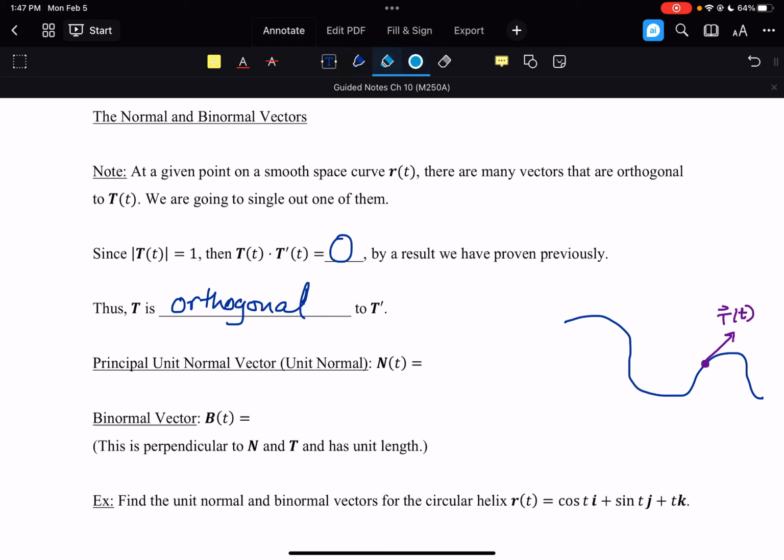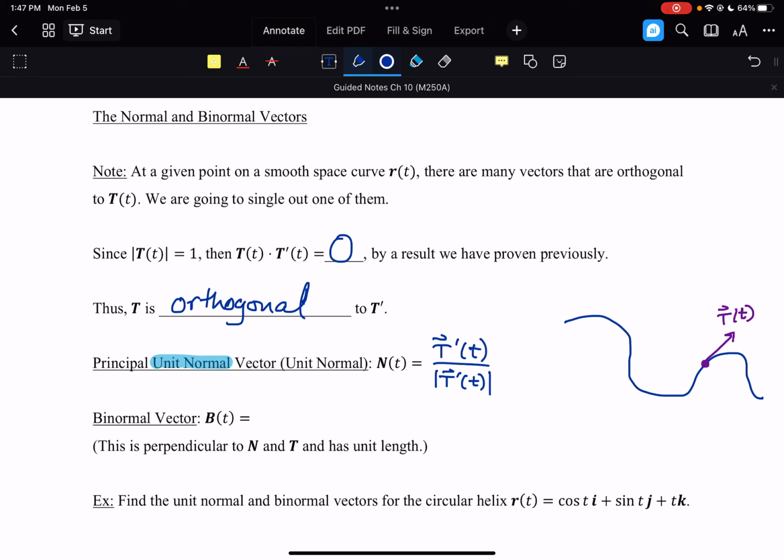This is what we call the principal unit normal vector, abbreviated N of t, so capital N. This vector is T prime of t divided by the length of T prime of t.